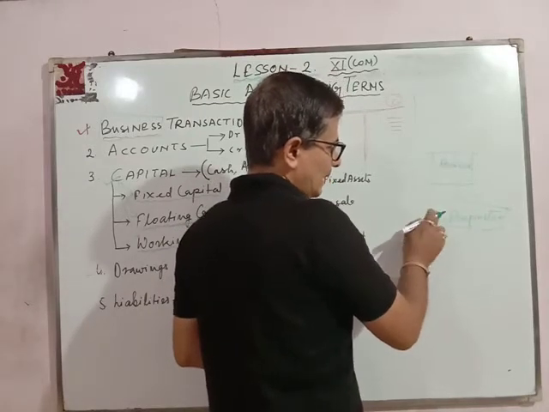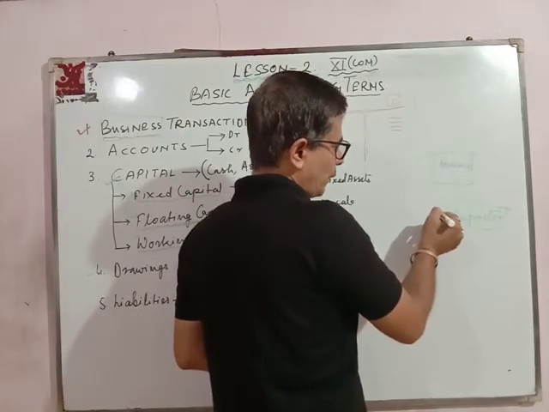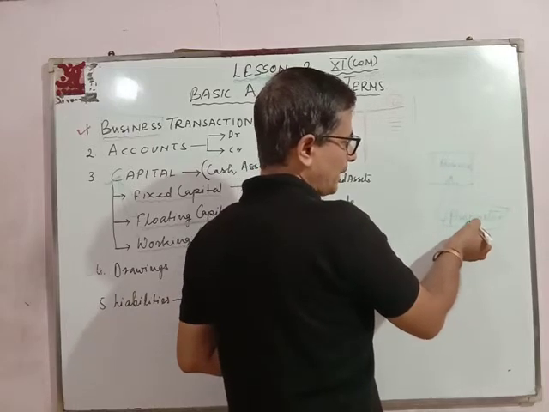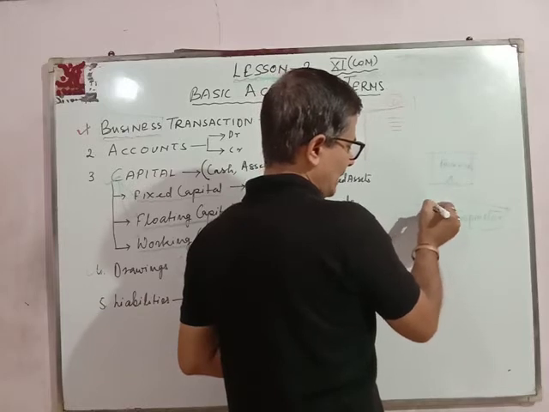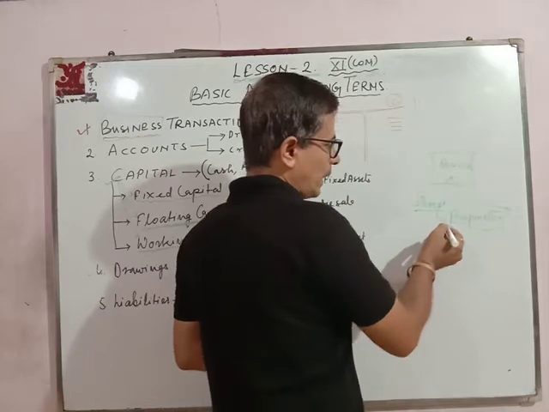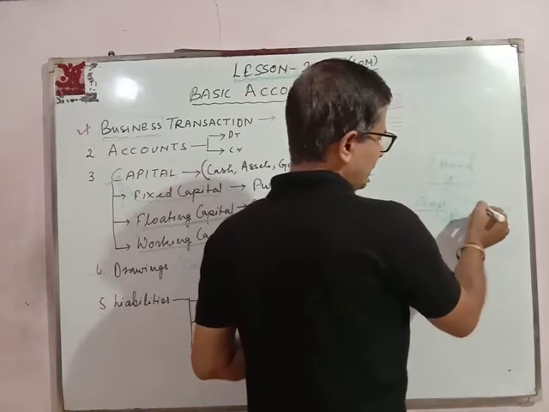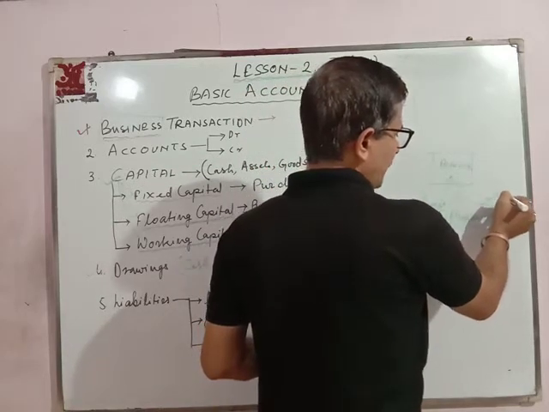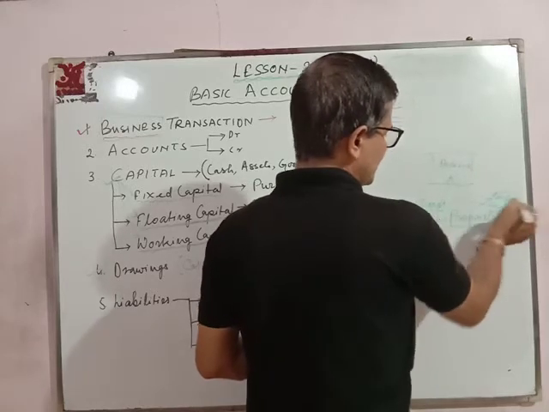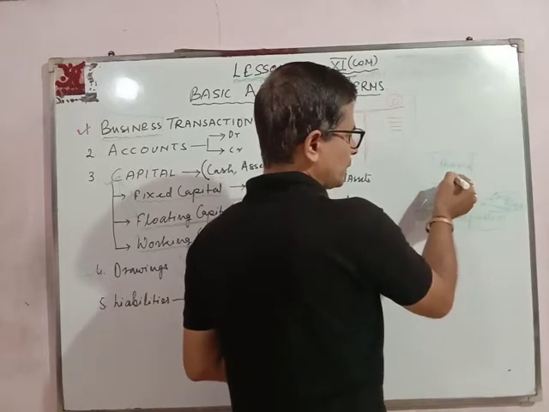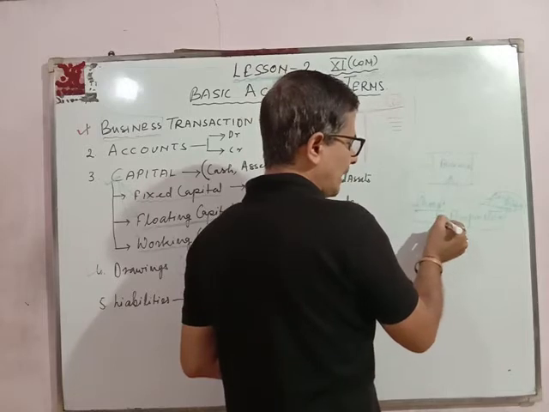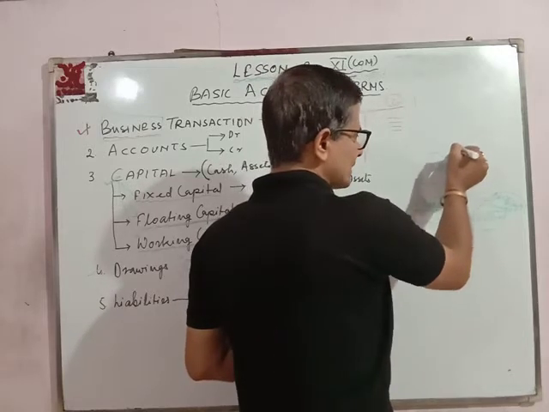The proprietor is treated as a person from whom the business has received money. Whatever he invests, generally he invests money into the business. With what motive? His motive is to earn profit. With this motive, he invests the money into the business, and the business is liable to return the money once it is closed.